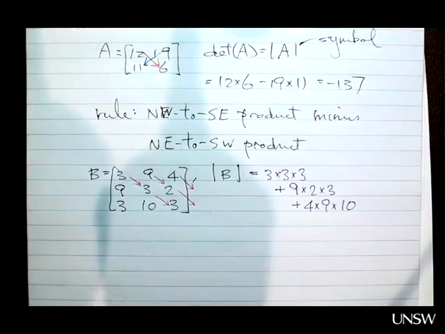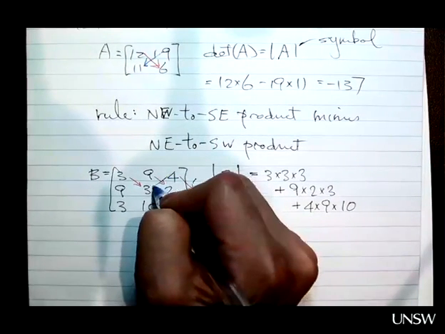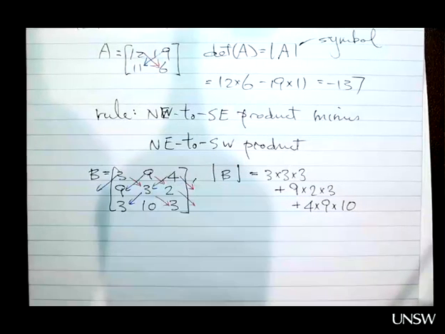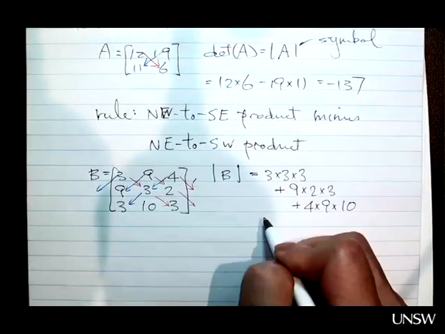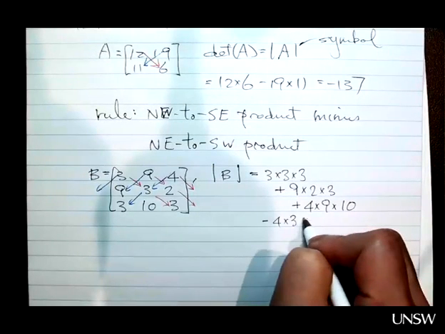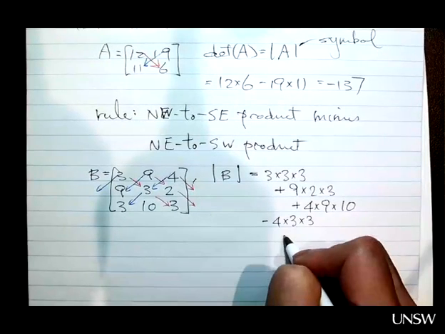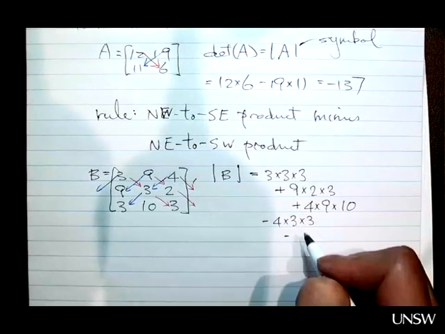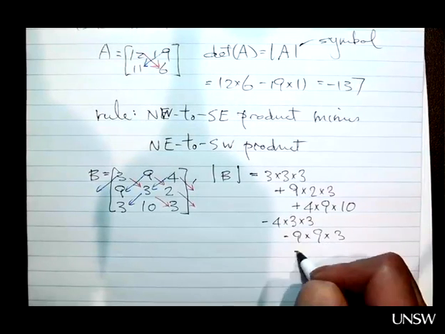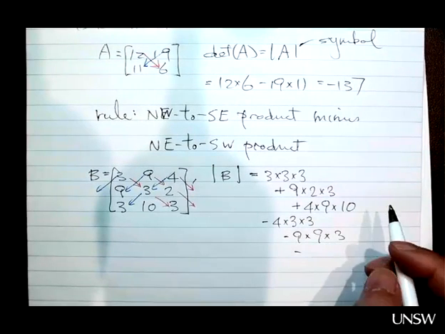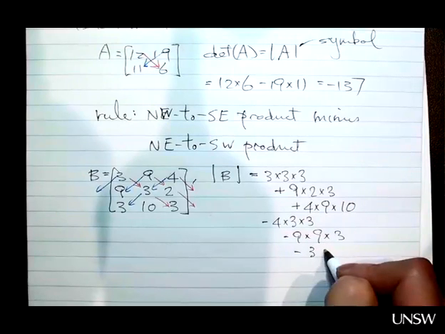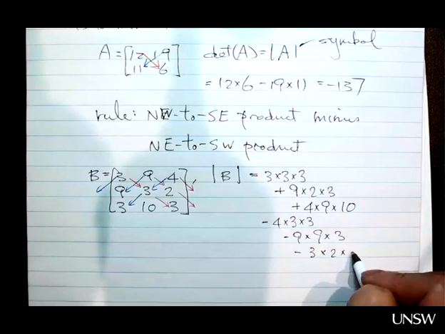Then we do the subtraction, the product, this way. So we subtract 4 times 3 times 3, and then subtract 9 times 9 times 3, and then also subtract 3 times 2 times 10.